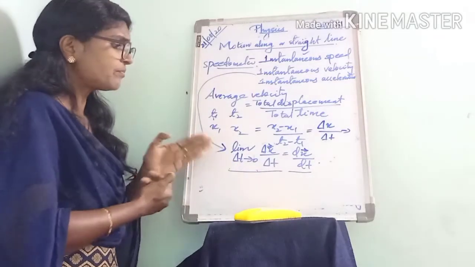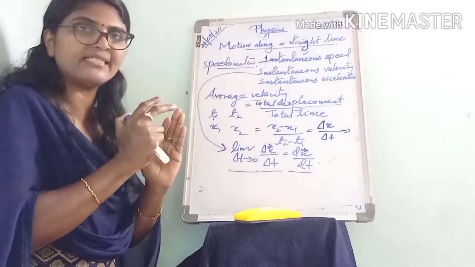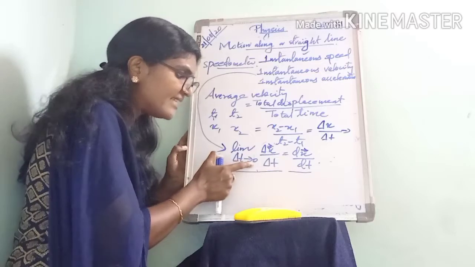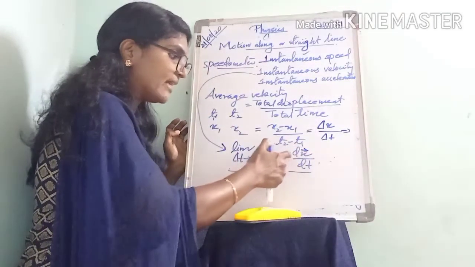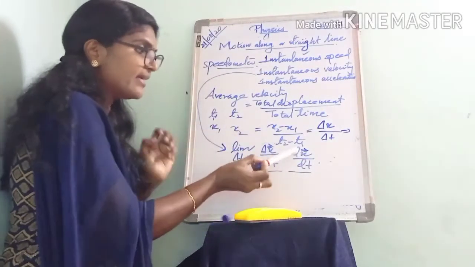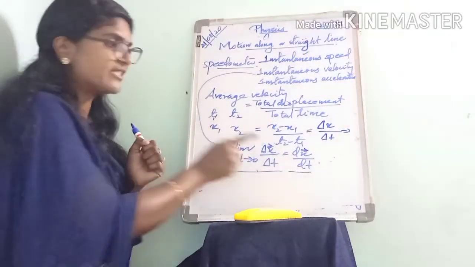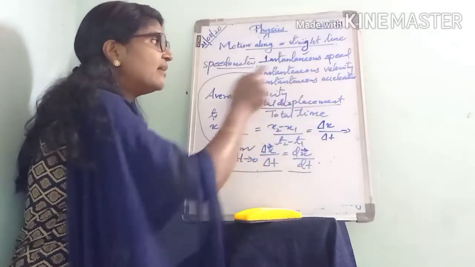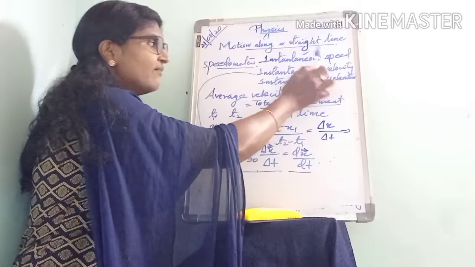It is the limiting value of average velocity. Instantaneous velocity is the limiting value of average velocity when delta t approaches 0, that much small value. So we can write that as dx divided by dt. How can we read this? A small change of displacement divided by a small change of time gives the instantaneous velocity.